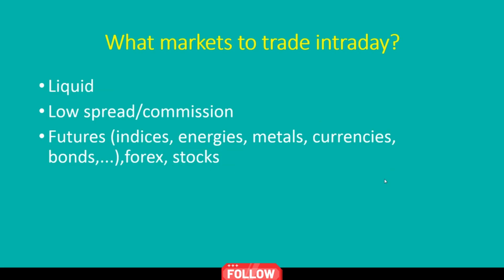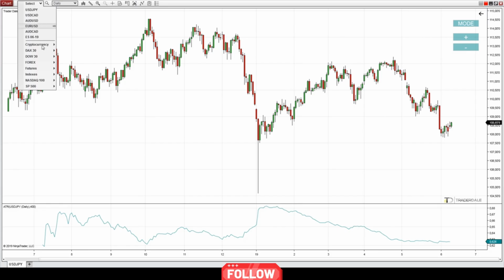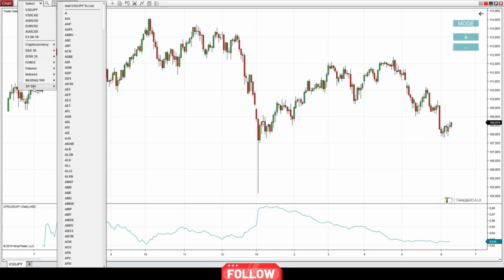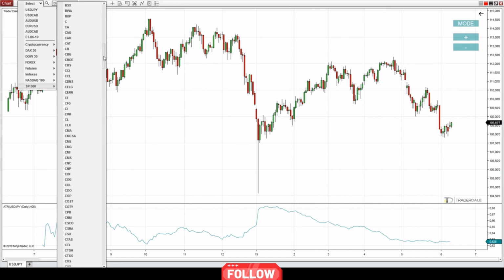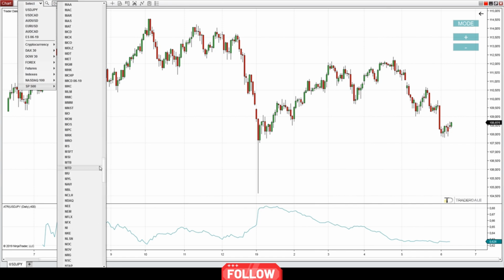If I go back to the chart, here is the SP 500, and those stocks are all big stocks in this big index. Those stocks are good to trade intraday because they have good liquidity. They are big companies. So if you want to day trade stocks, you definitely want to stick to big stocks like these.